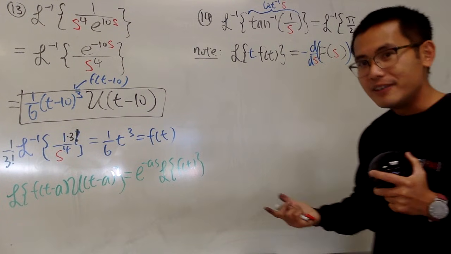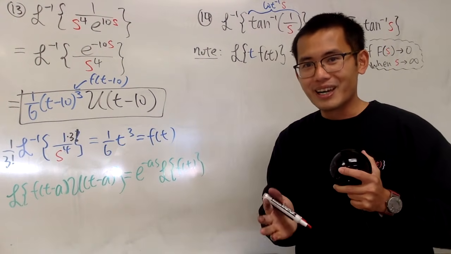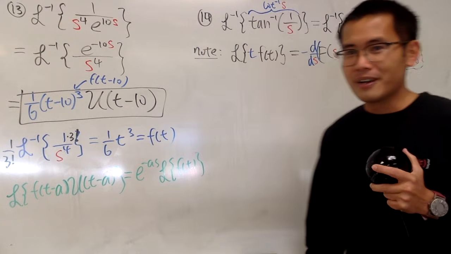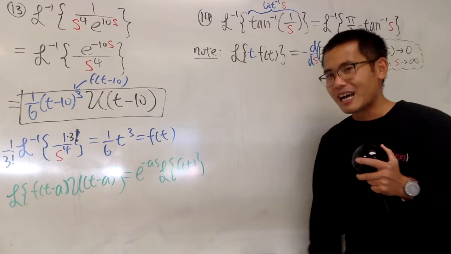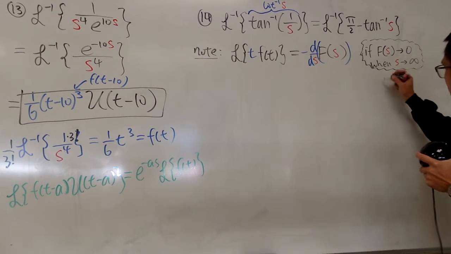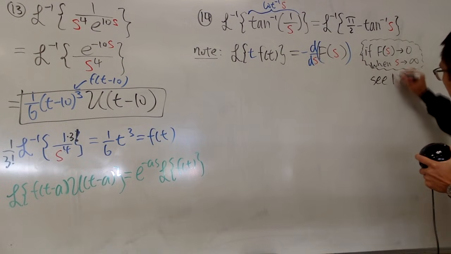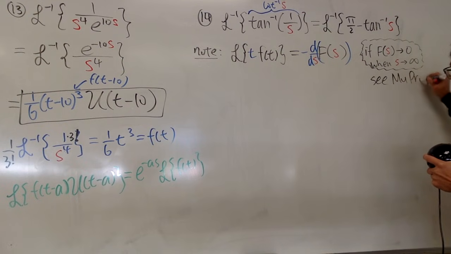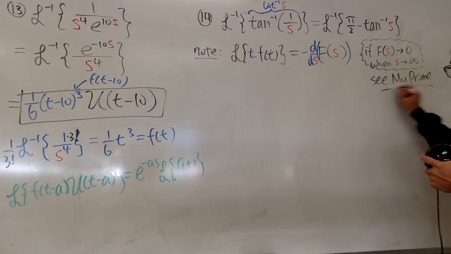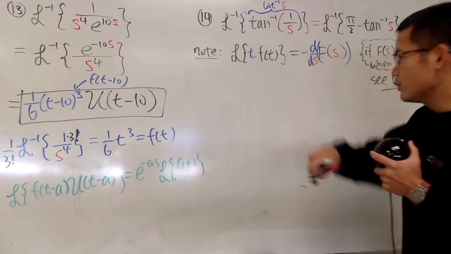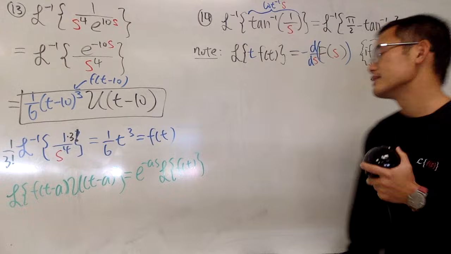I will have that video in the description for you guys, and that's actually how I met Mu Prime Math for the first time. So I will just tell you to see the Mu Prime Math video. Link will be in the description for your convenience.